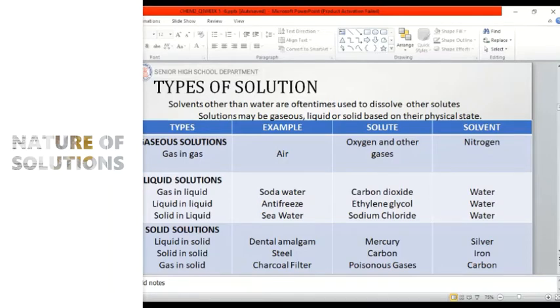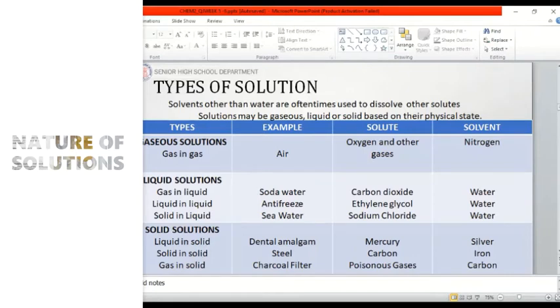We have carbon dioxide and water combination for gas in liquid, and ethylene glycol with water as the solvent for liquid in liquid. We also have sodium chloride and water in nature, wherein meron tayong solid and liquid na solution.